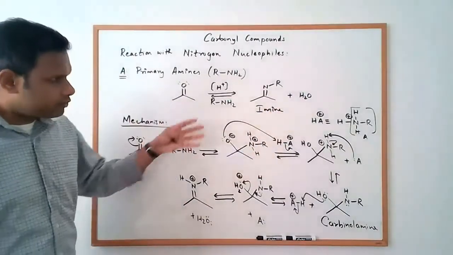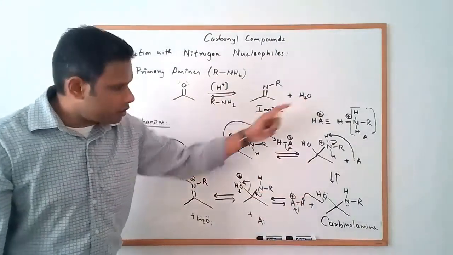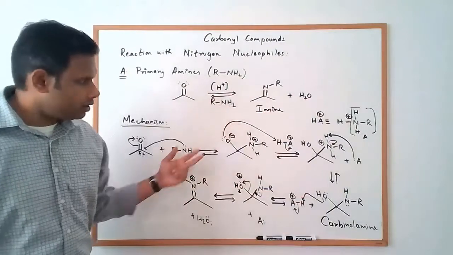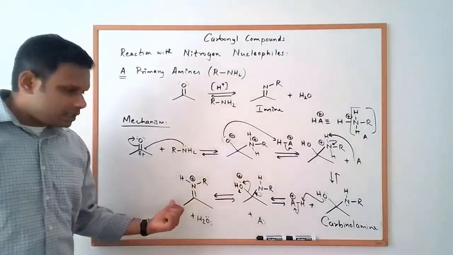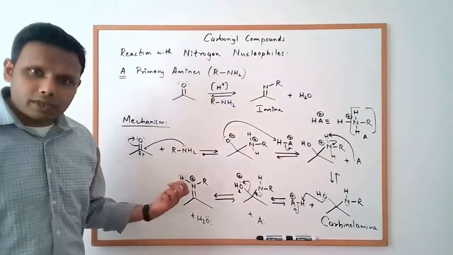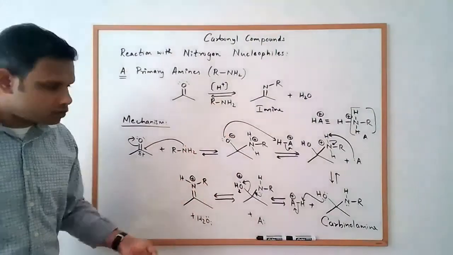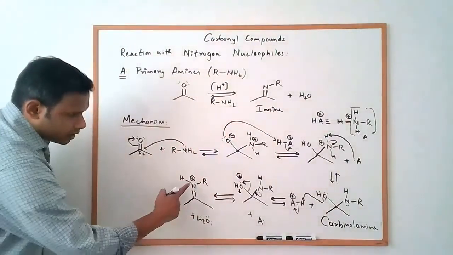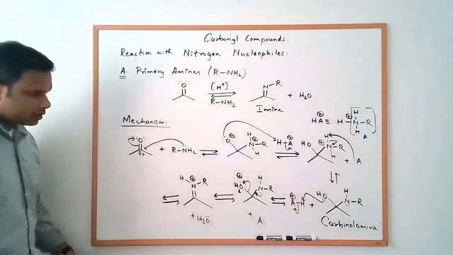Now, if you follow the scheme, the two hydrogens in water are not exactly the hydrogens on this NH2, because they get exchanged. They come from the acid, and they leave. But what we'll see in the end is that we regenerate the acid again, so in some sense, these are those two hydrogens. We could say that. So you get NH2 plus, and now we are really close to our product.